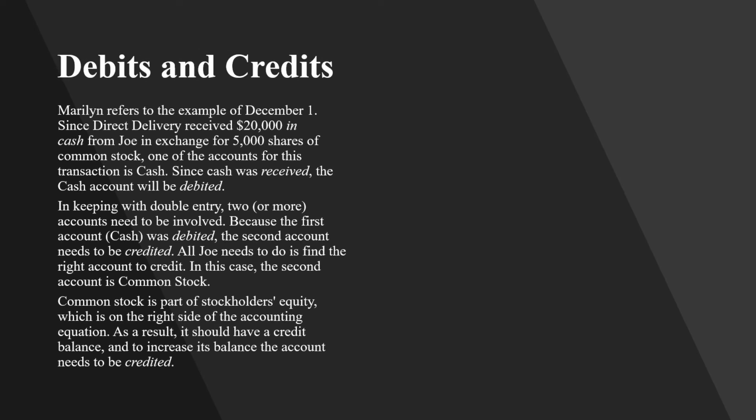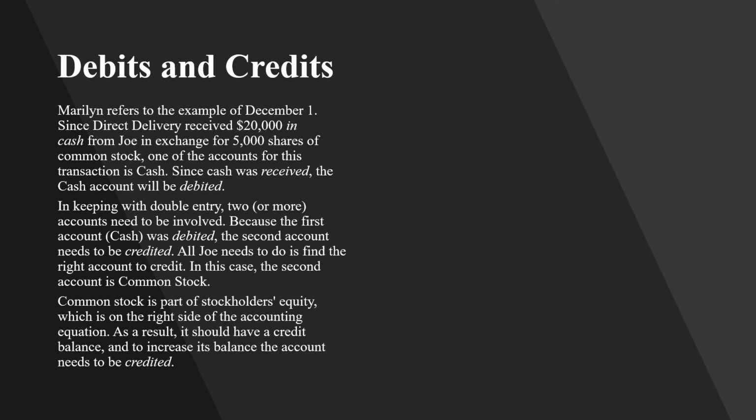Marilyn refers to the example of December 1st. Since Direct Delivery received $20,000 in cash from Joe in exchange for 5,000 shares of common stock, one of the accounts for this transaction is cash. Since cash was received, the cash account will be debited. In keeping with double entry, 2 or more accounts need to be involved.